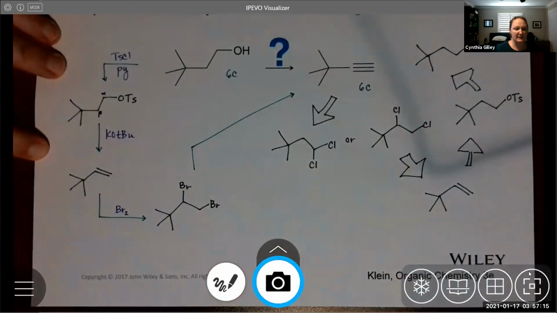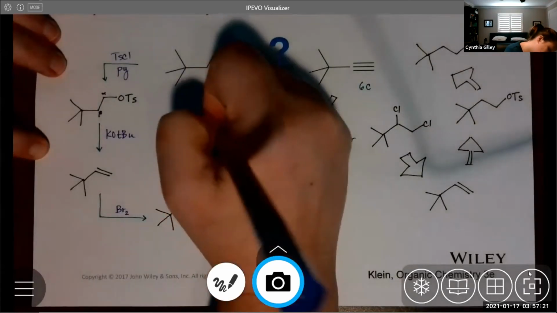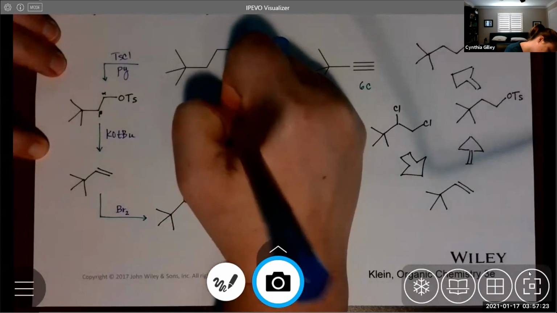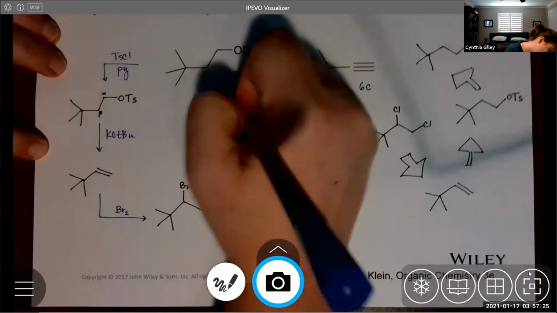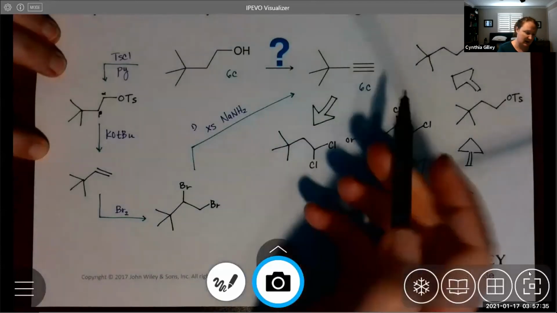The book talks about using excess NaNH2, multiple equivalents. We need 2 equivalents to do the 2 eliminations, and a third equivalent to deprotonate the terminal alkyne.